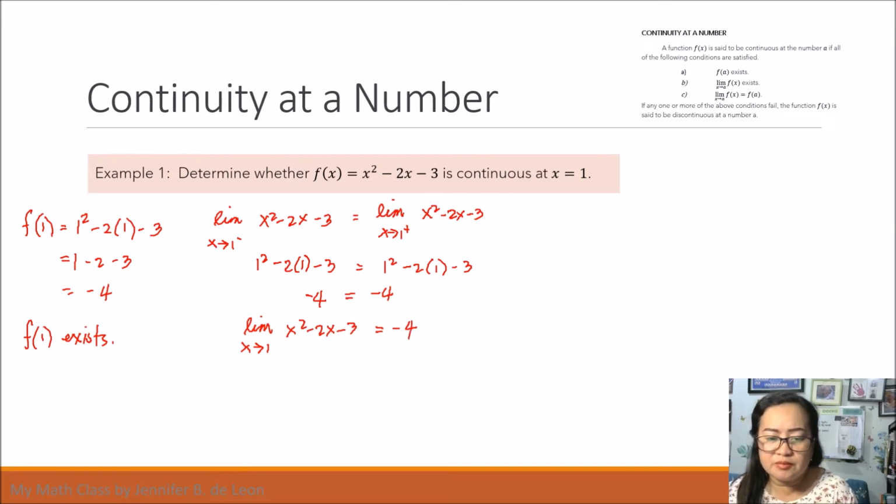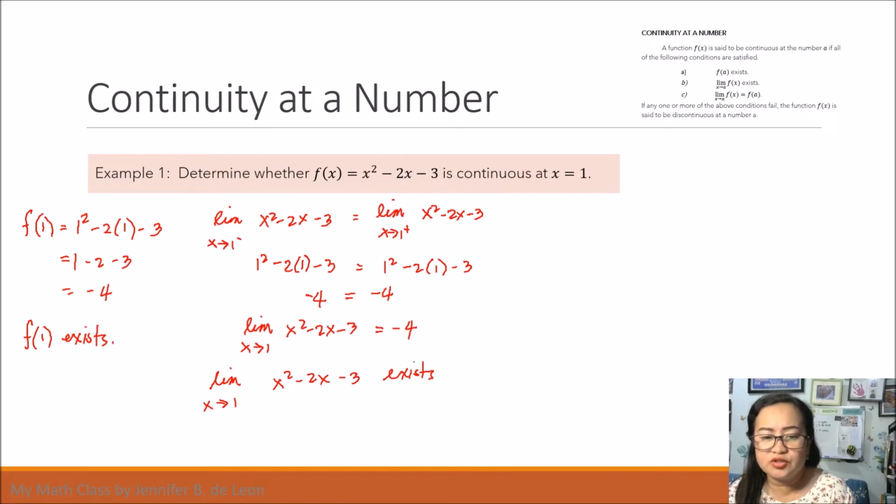Hence the limit as x approaches 1 exists. We can see that the given function satisfies the second condition.